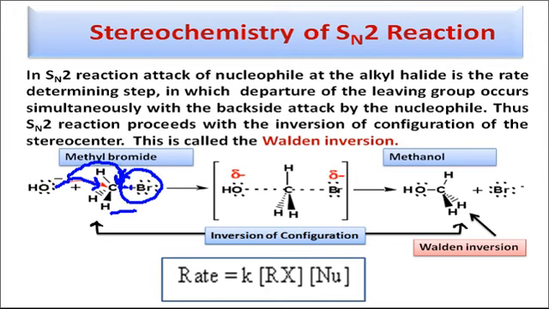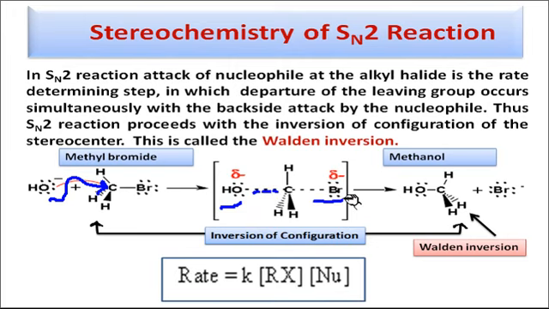That is why the only possibility of attack of the nucleophile onto the carbon is from the back side, opposite to the leaving group. So the OH minus can attack only from this side, which is opposite to the leaving group.